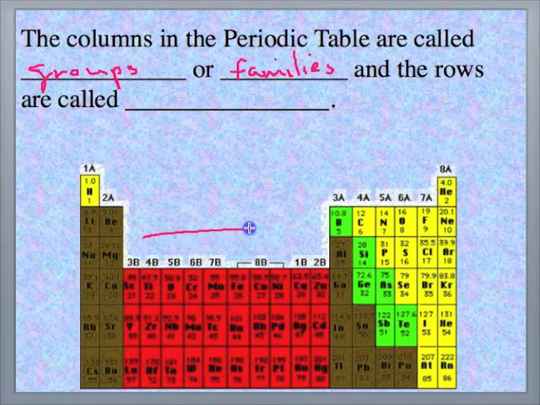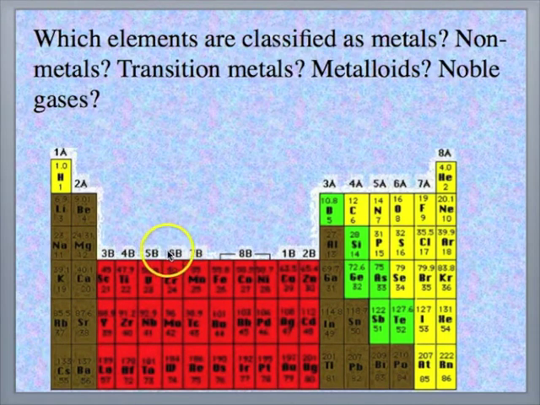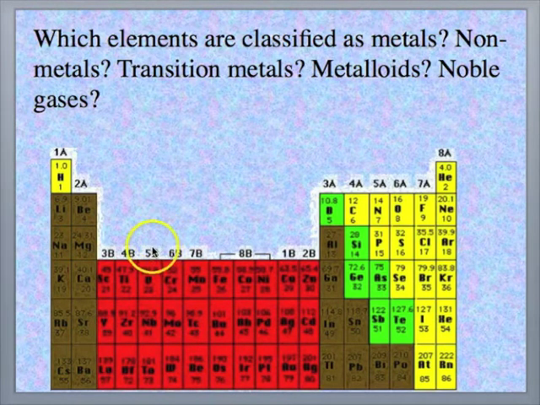Going across the periodic table, the rows are called periods. There are also certain regions in the periodic table: the metals, nonmetals, transition metals, metalloids, and noble gases.